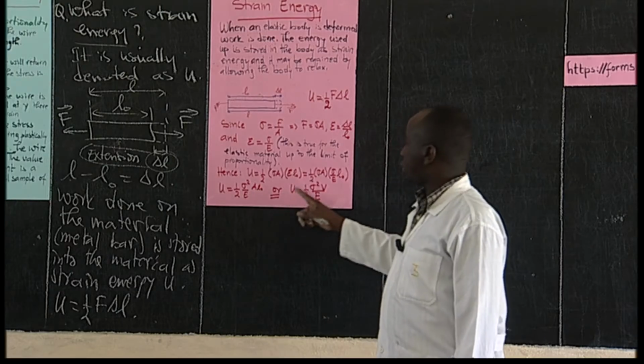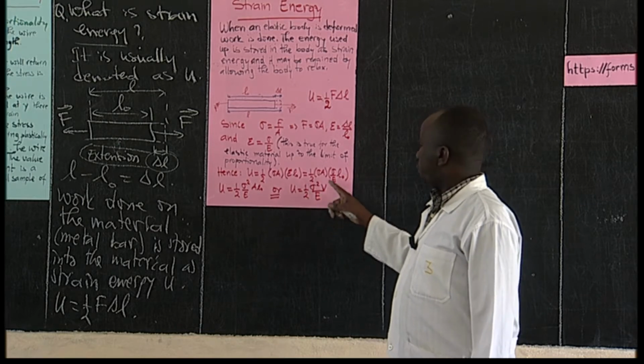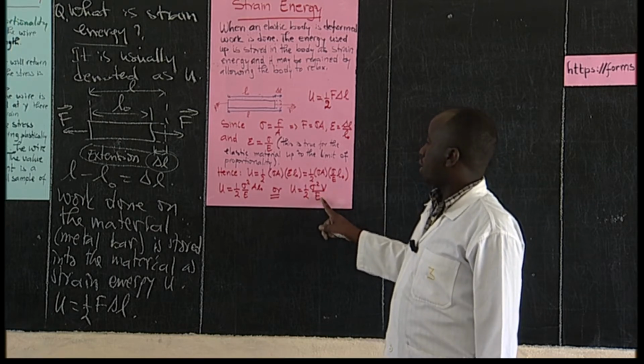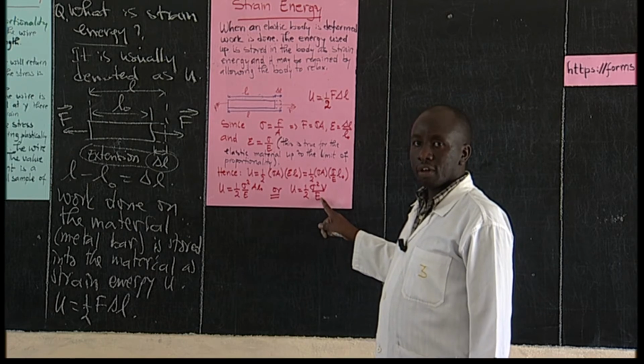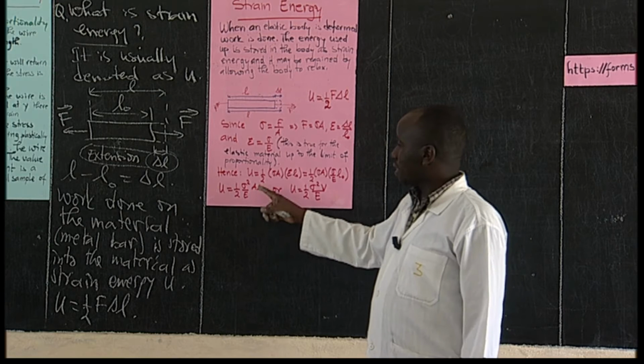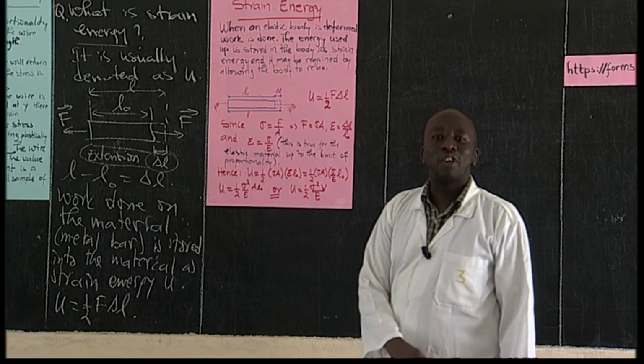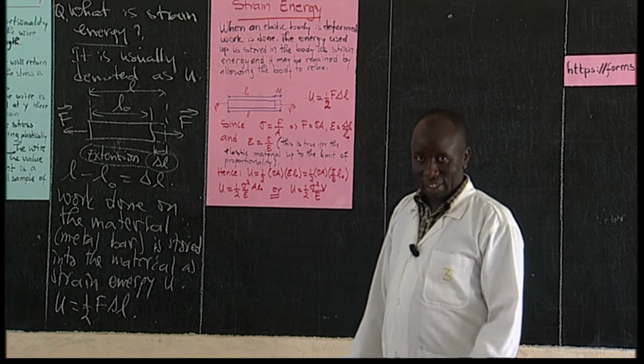So we find this strain energy equals 1 over 2 sigma A times L0. Then students, this A times L0 is the volume of the metal bar.